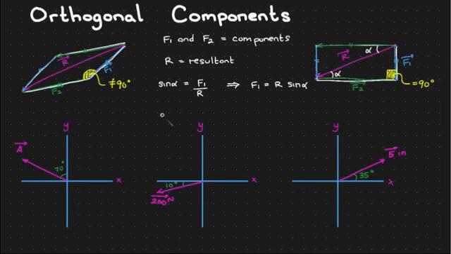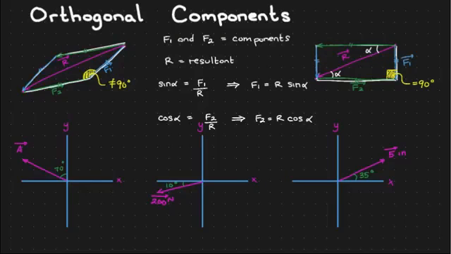And again, by definition, cosine alpha is equal to F2 over R, adjacent over hypotenuse. And if I were to rearrange this, I could write F2 is equal to R times cosine of alpha.